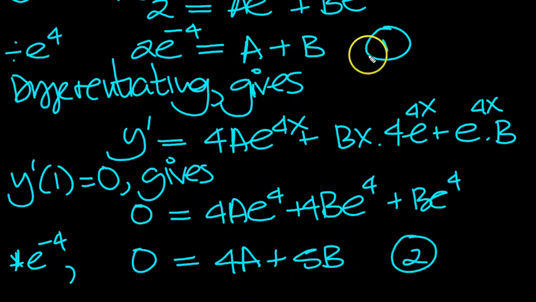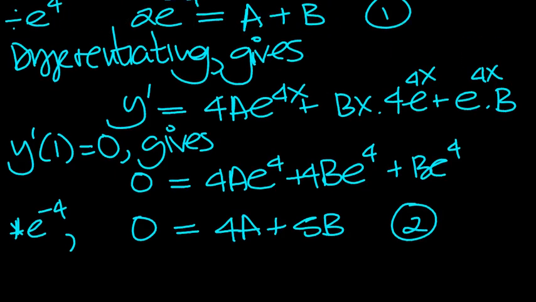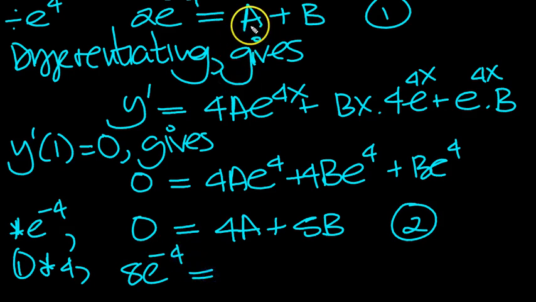So we've got a plus b equals a number, and 4a plus 5b equals something else. So let's times 1 by 4 and put it underneath. So equation 1, multiply it by 4. So 4 of these is 8 e to the minus 4, is equal to 4a plus 4b. Label that 3.